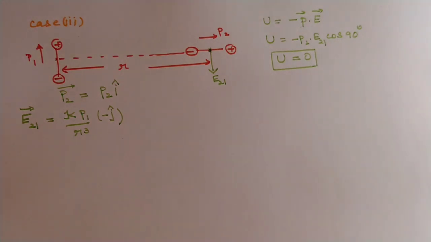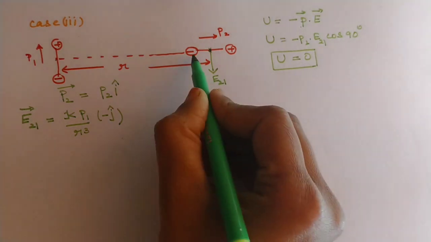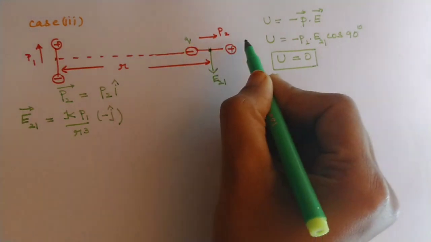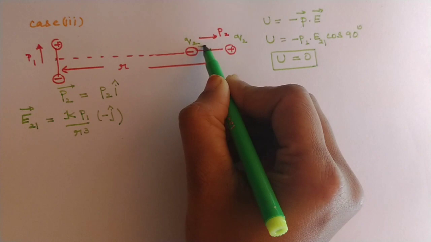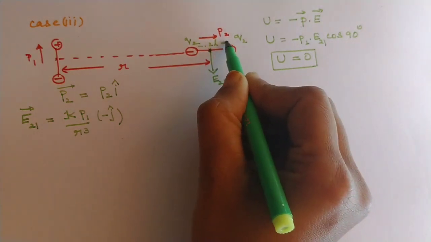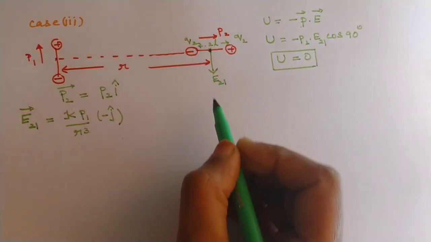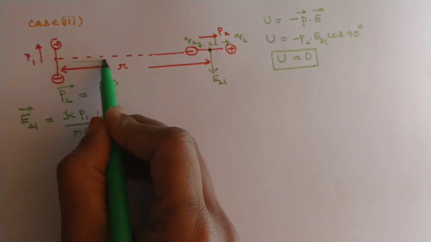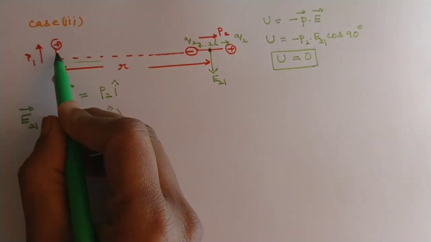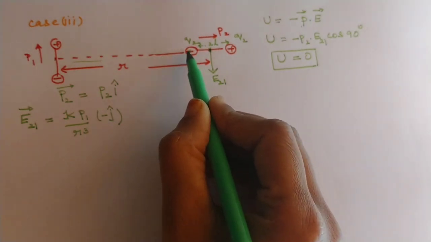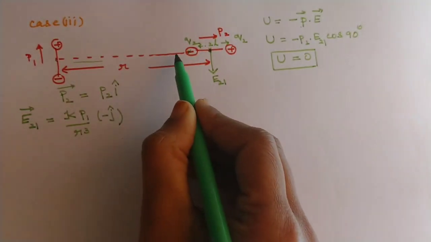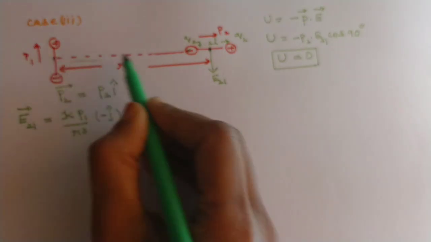Now let us see how to find out the force. For calculating the force, we will use the formula F is equal to E into Q. So let the charge on this be Q2, and here also I will take it as Q2. Assume the distance to be 2L. Now we know this is the equatorial line for the dipole of dipole moment P1. So at this point I need to find out the electric field produced by P1.